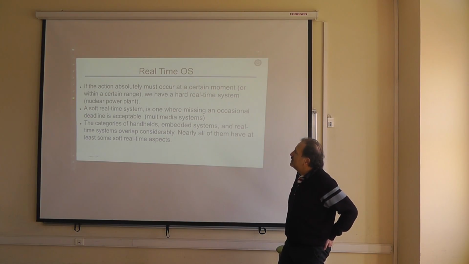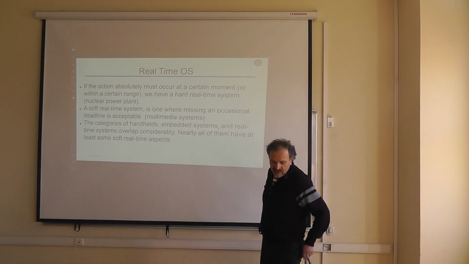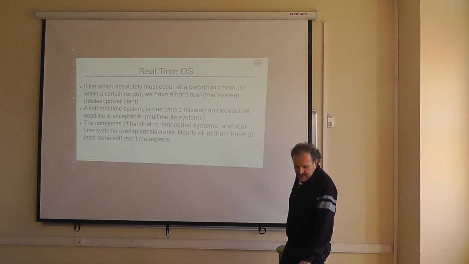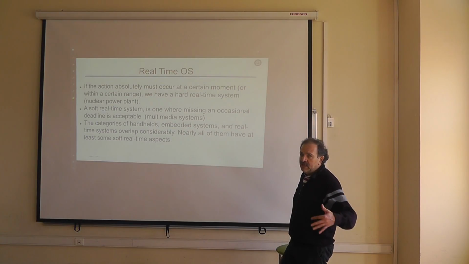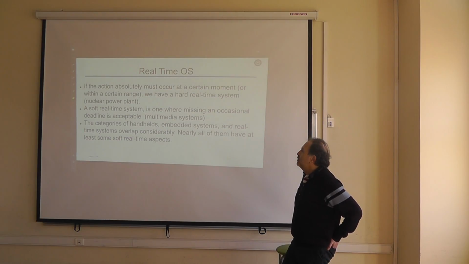Okay, so with the real-time operating system, if the action absolutely must occur at a certain moment, then it is the task of the real-time operating system. These types of operating systems are used with industrial applications, like the nuclear power plant. If the temperature is high for a node in a nuclear power plant, then your operating system cannot take 2 or 3 minutes of processing time.